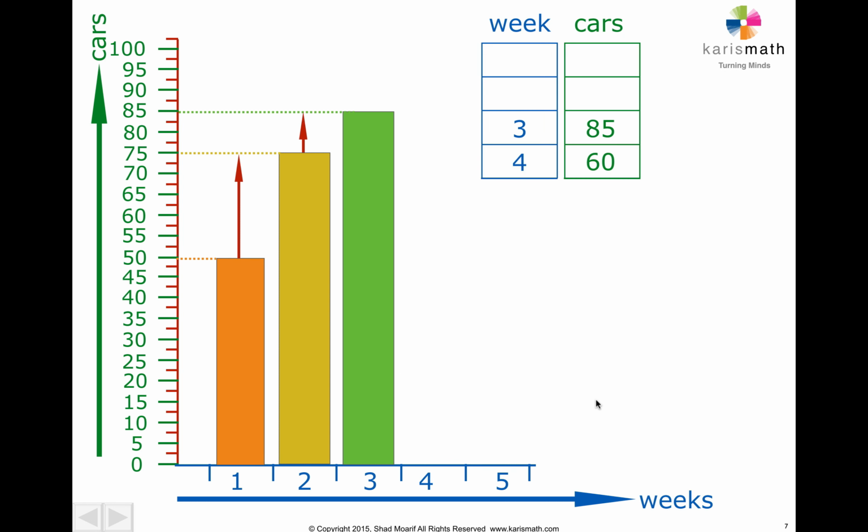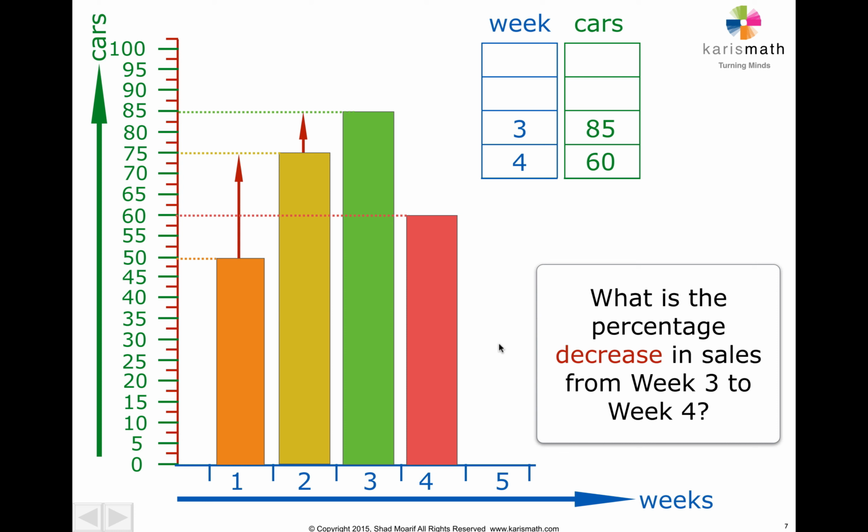Okay, so what about the fourth week? The fourth week, it goes down from 85, which is here, to 60. So what's the percentage decrease, or the percentage drop, in sales from the third week to the fourth week? Week 3 to week 4. So this time the original was 85, which was more, and the new amount is 60.